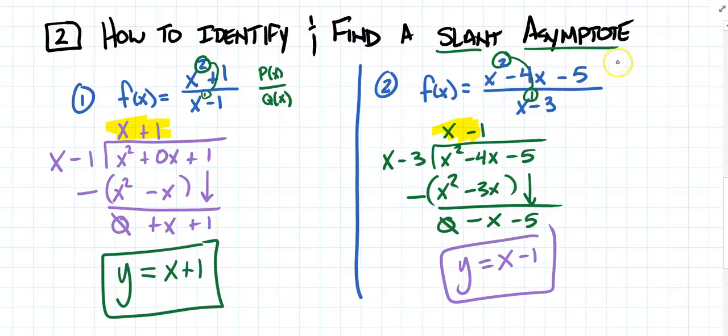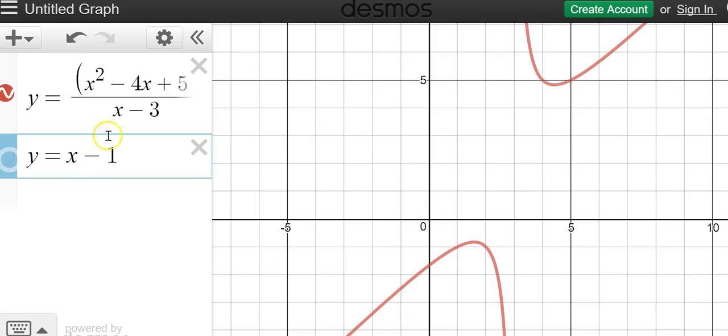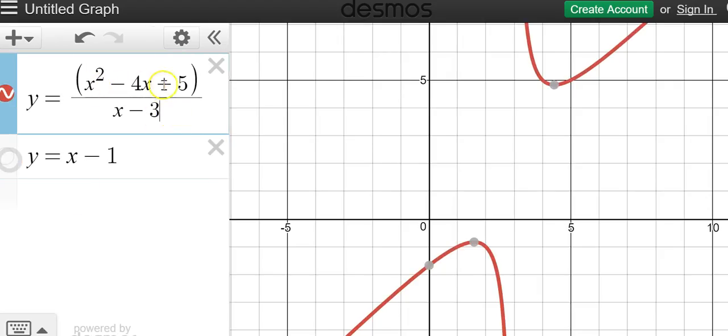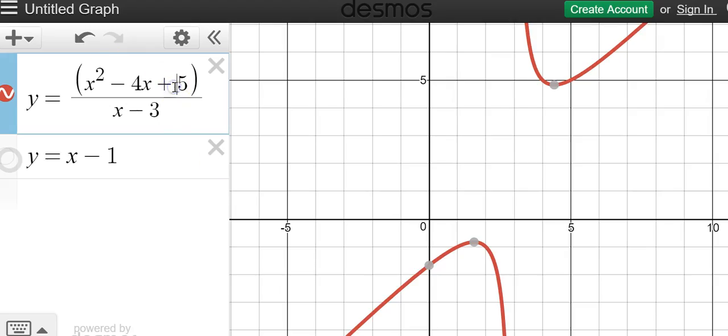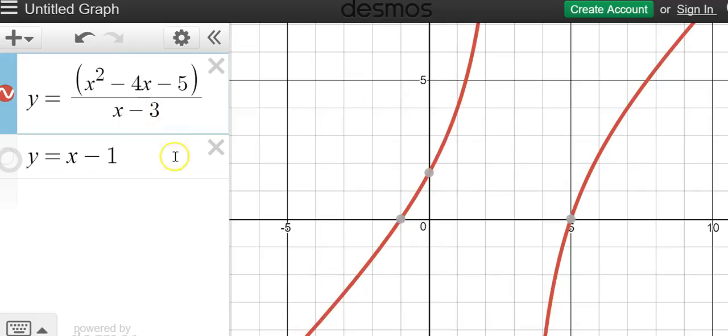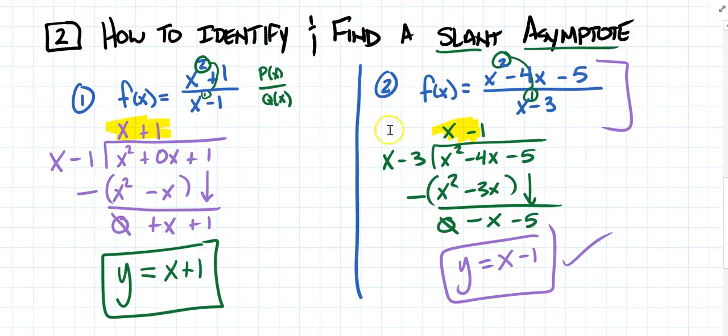I'm going to graph this rational function for you in Desmos as well as the slant asymptote to get a better idea. Okay, here is the rational function, x squared minus 4x plus 5, which is, oh, I'm going to change that to minus 5, excuse me. Minus 5, my bad. Divided by x minus 3. So here, x squared minus 4x minus 5 divided by x minus 3.